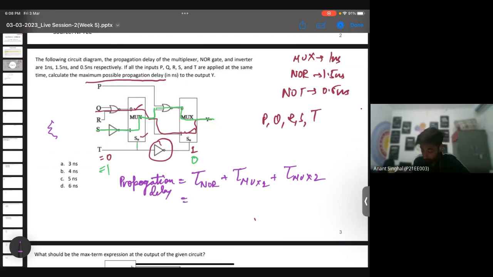So if I calculate, NOR is 1.5, and then mux is 1 plus 1, so it will be 3.5 nanoseconds.